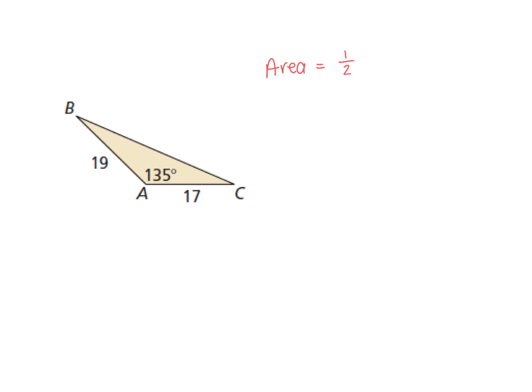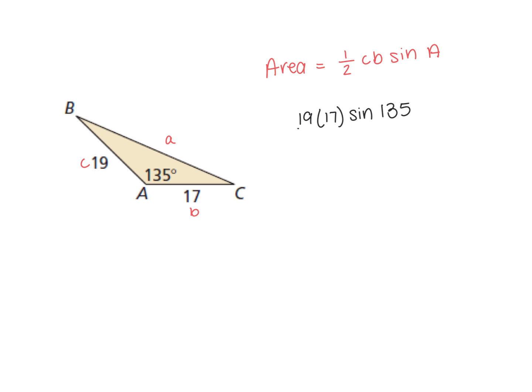If you want to label your sides, you have A, B, C. So it's 1/2 times, not my A, I'm going to have C times B, sine angle A. Plugging in what I have, my angles are opposite to my sides. So I'm going to have my B, my C, which is 19, times 17, or you could switch them, B times C, 17 times 19, that's fine, times sine angle A, which is 135.